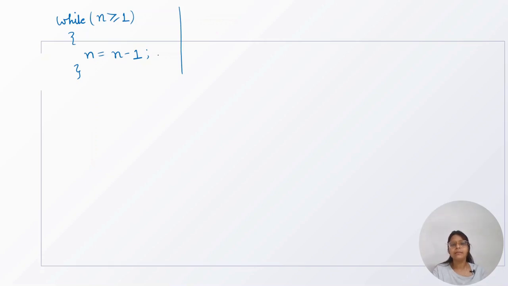So let's see how many times this will execute. Let's say n equals 4. While 4 is greater than or equal to 1, condition is true. As the condition is true, the value of n will update to n equals n minus 1, means n will become 4 minus 1, which is 3.